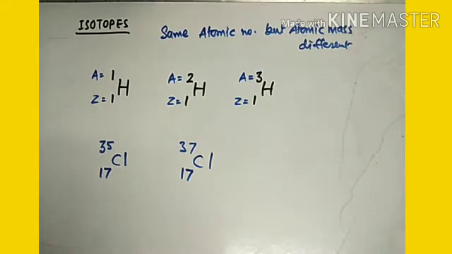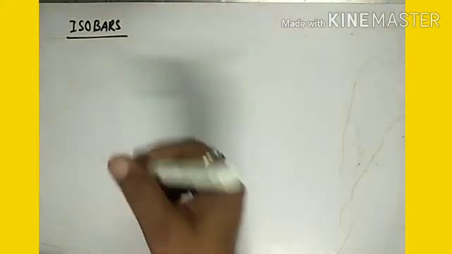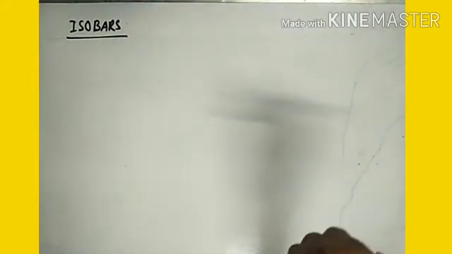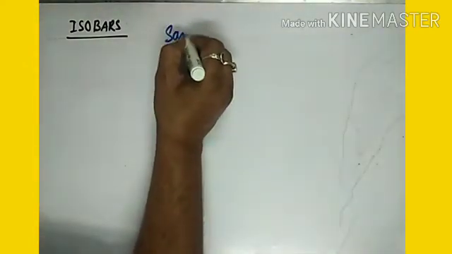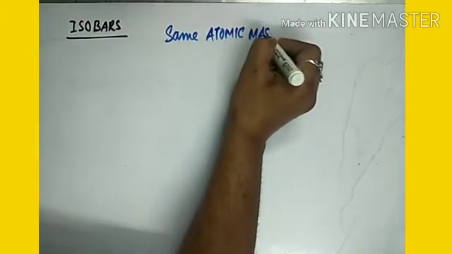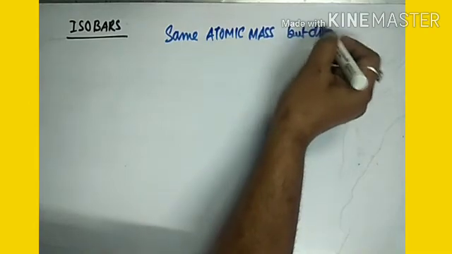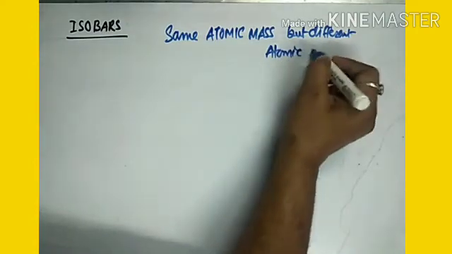Next we have to study the isobars. So isobars are those elements or atoms which have the same atomic mass but different atomic numbers.